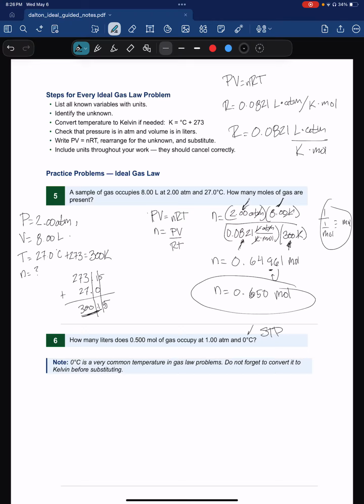All right, so let's go ahead on the side and write out the variables and see what do we know. We've got 0.500 moles of gas. That's going to be n, 0.500 moles. We've got 1 atmosphere.